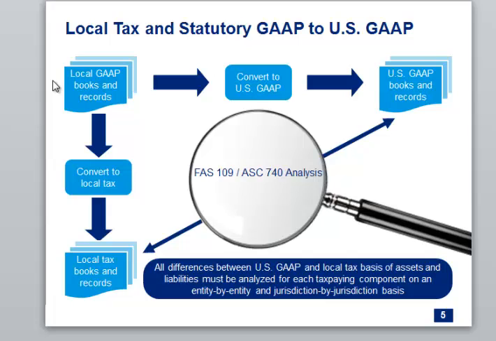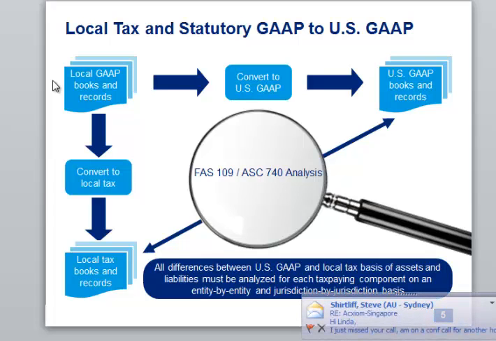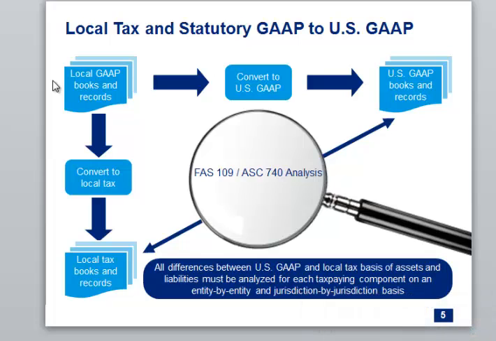So let's say Quinn's sitting in the U.S. and she calls me up and she wants to understand my book tax differences, okay? So when she says book tax difference, what's she thinking, right? She's thinking the difference between GAAP and tax, right?